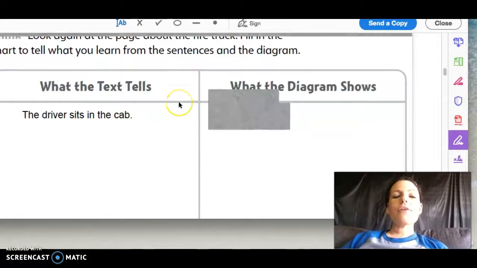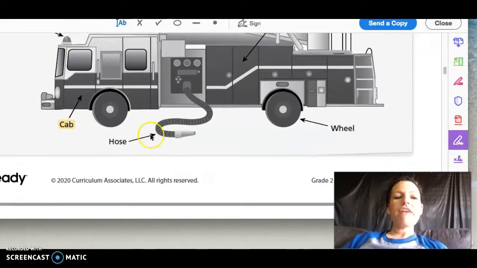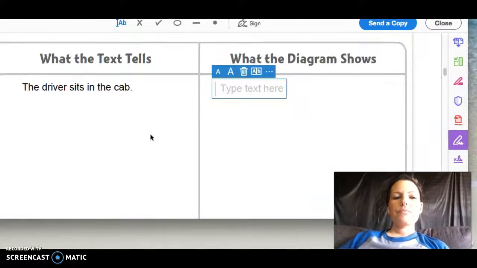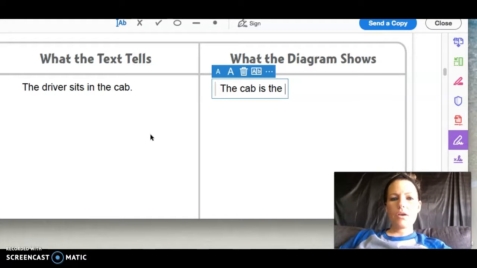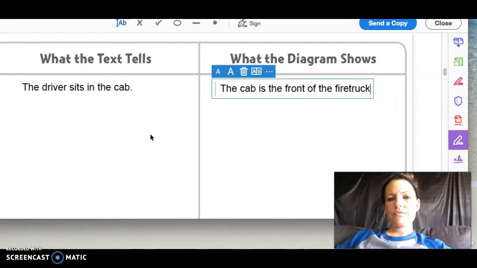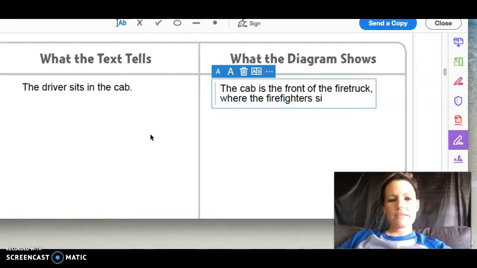What does the diagram show us? The diagram shows us that the cab is the front of the fire truck where the firefighters sit.